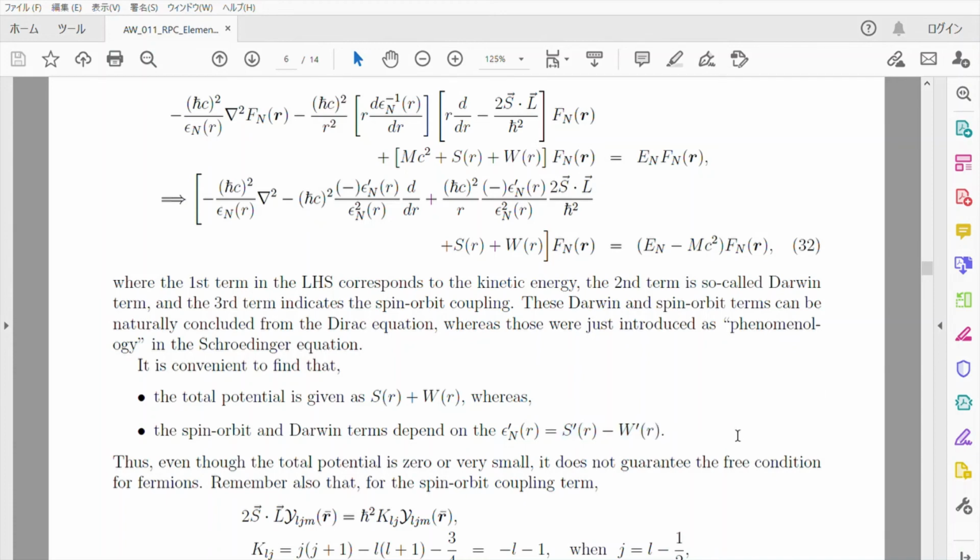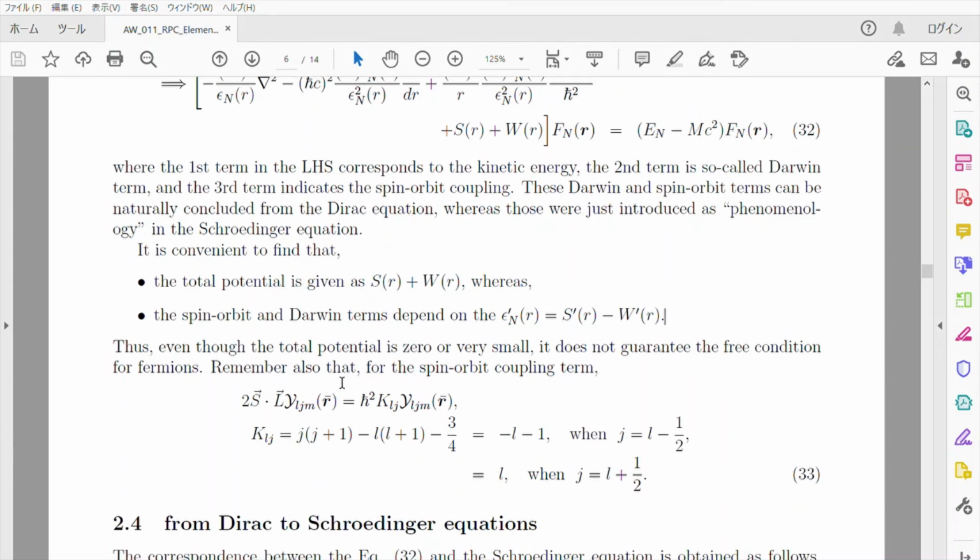Thus, even though the total potential is zero or very small, it does not guarantee the free condition for fermions. Remember also that for the spin-orbit coupling term, this well-known formula depends on J coupled with L and S.